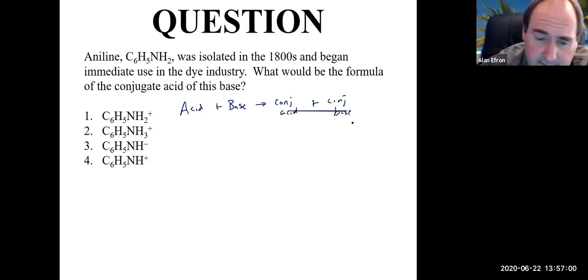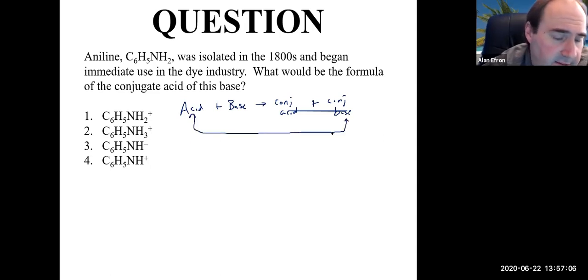And what this means is the relationship is if we have an acid on this side, it is related to the conjugate base on that side. And if we have a base on this side, it's related to the conjugate acid. So if we were asked to write the conjugate acid like we are in this particular problem, we want to think backwards about it.